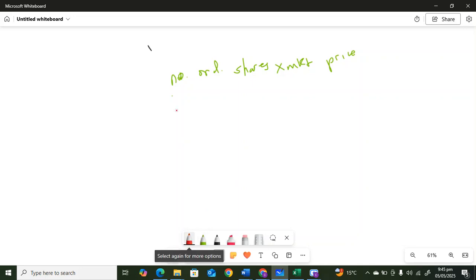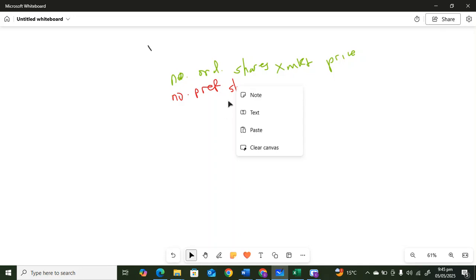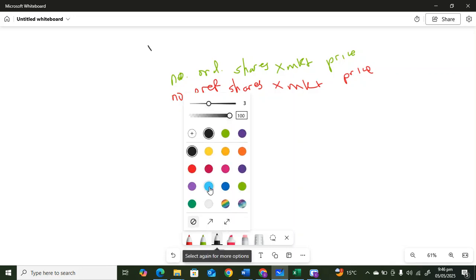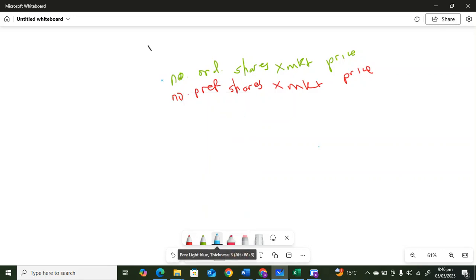Yes, colleagues, we're not seeing the pattern here. For preference shares, number of preference shares times the market price. So for debentures, what do you think it will be? Follow this sequence.